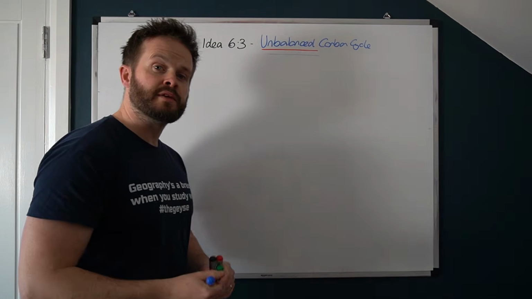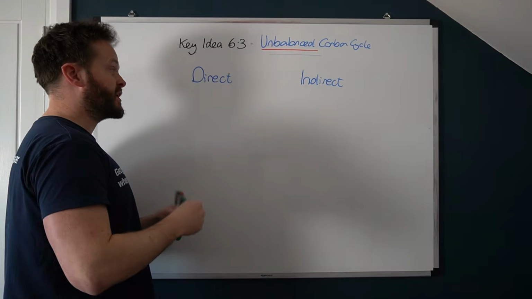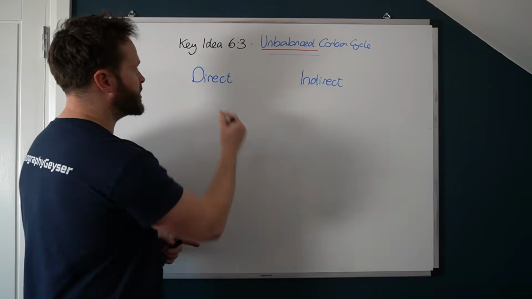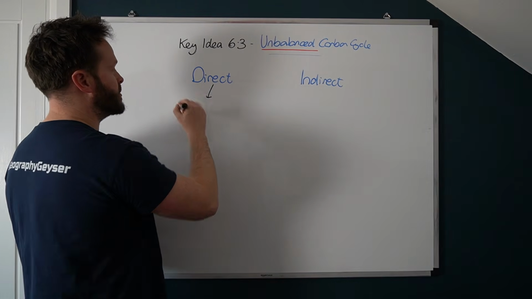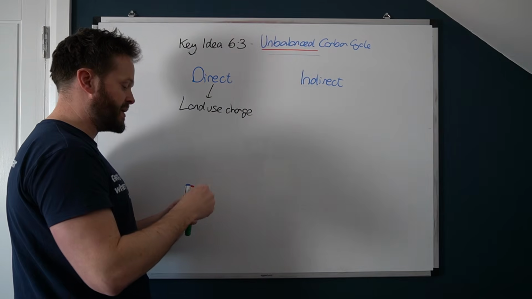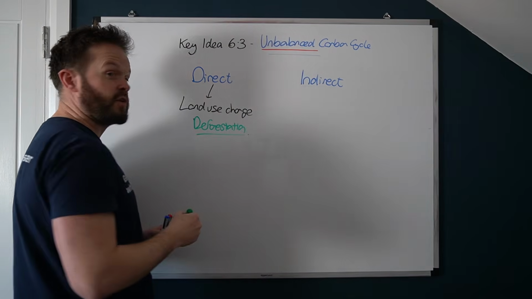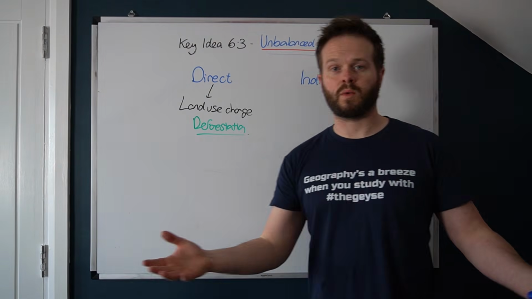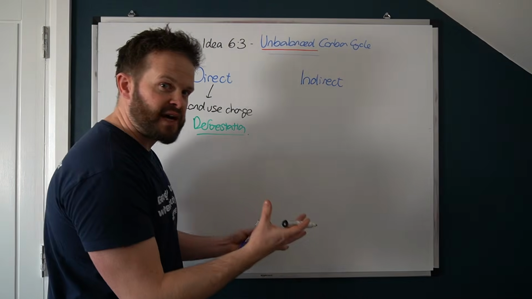There are two ways that we can think about that unbalancing: both directly and indirectly. The way that you want to think about direct unbalancing of the carbon cycle is predominantly land use change. What that might mean is something like deforestation. We've cleared some forested area to make way for agricultural land, or to make way for an urban settlement. So that is a direct change.